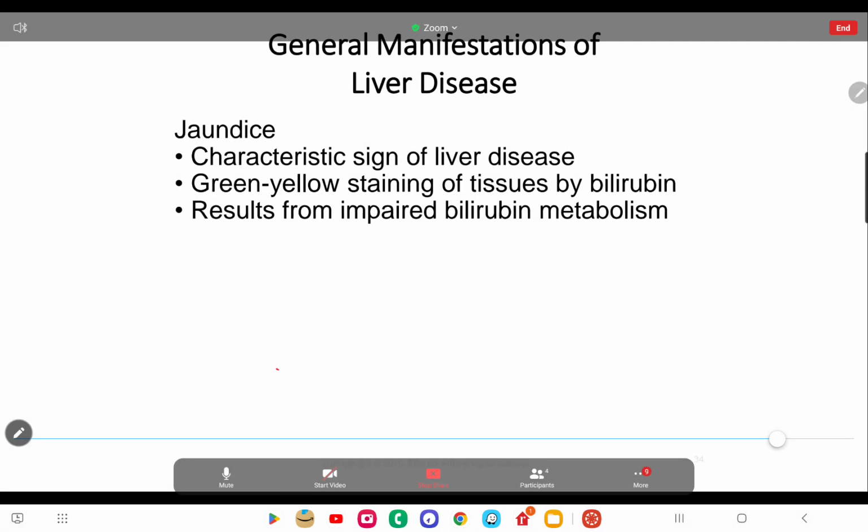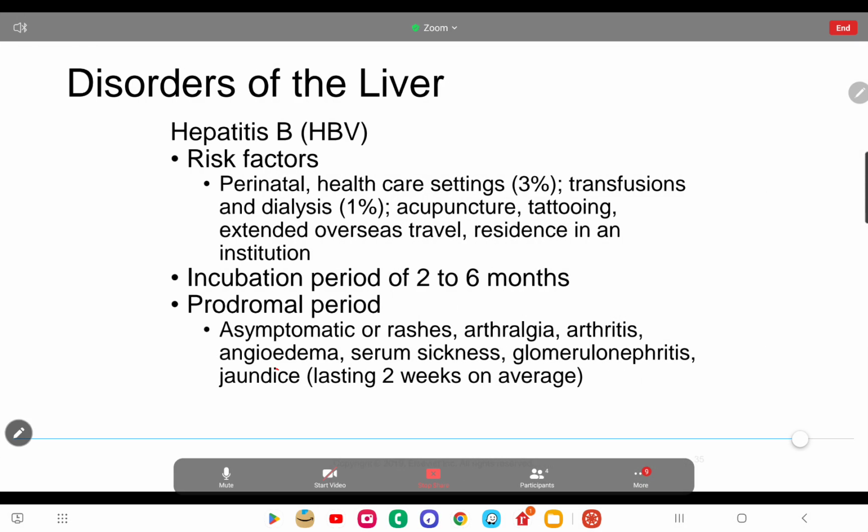So I was saying that jaundice is the yellowish coloration of the skin, okay, and it's related to liver disease. So now we have hepatitis. I didn't cover the liver because there are not so many questions on the test about the liver, but from the liver you have to know hepatitis B, okay.